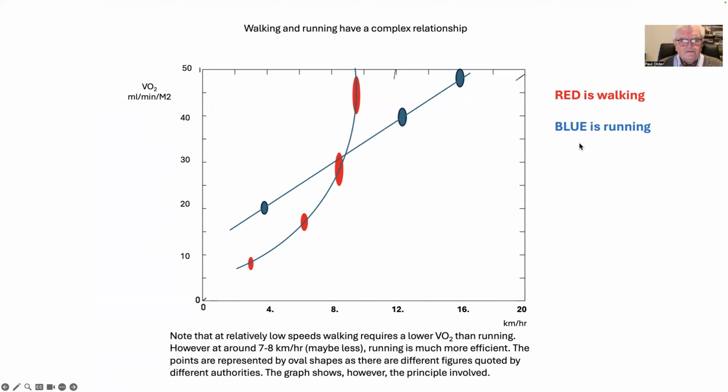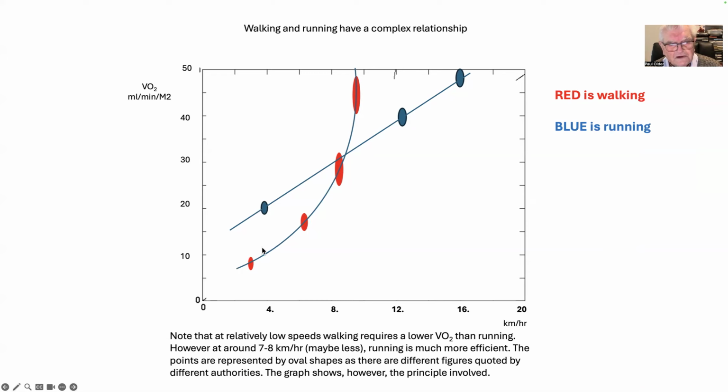Now, walking and running have a complex relationship. And this is a diagrammatic explanation of that. Note that at relatively low speeds, that's down here, a low speed, walking requires a lower VO2 than running. Running has a VO2 up there, walking down here.